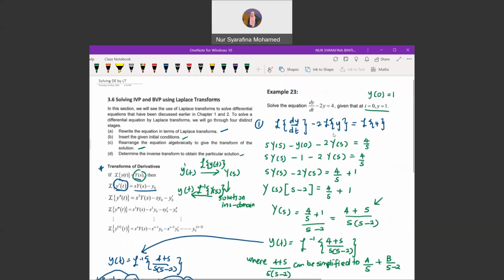First, what we have done here, first transform everything, and then insert the initial condition here, and then rearrange so that you have the solution in terms of Y(s). And then in order to get y(t), you need to inverse transform. So this is second step.